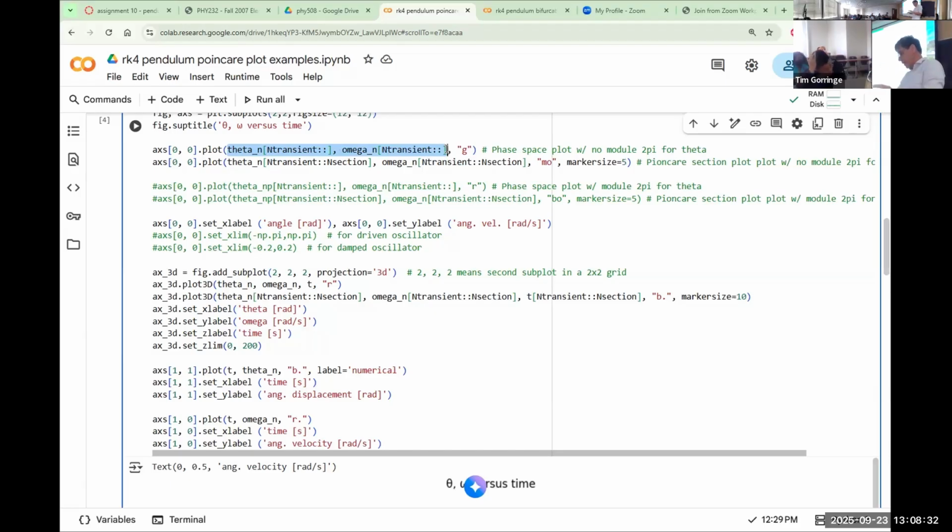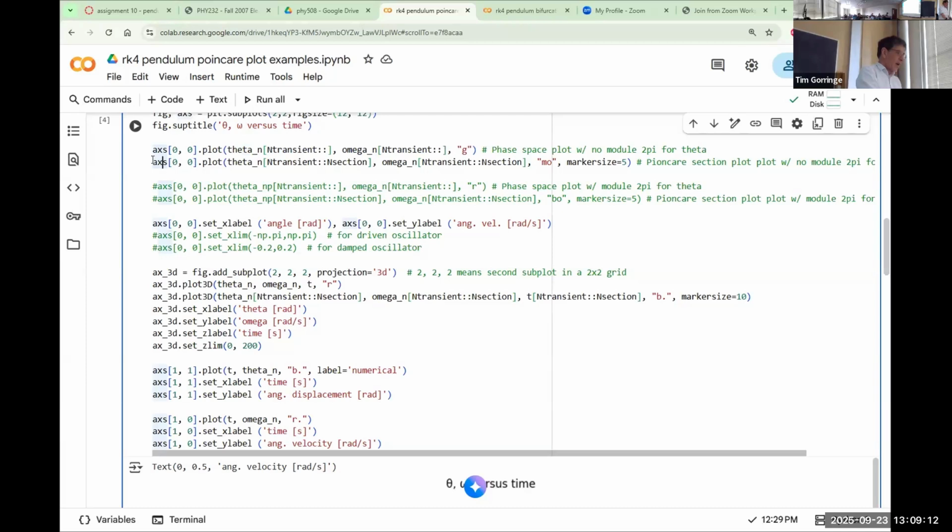That is not relevant for a simple pendulum, but will be relevant for the damped pendulum. This line creates the phase space plot, and we did this in the last class. Probably the only thing I've done differently in this class is that I've removed with a slice the early time region, the first 10,000 ticks, and only plotted the later time region, which is the 6,000 final ticks.